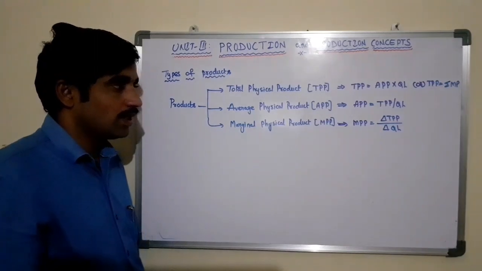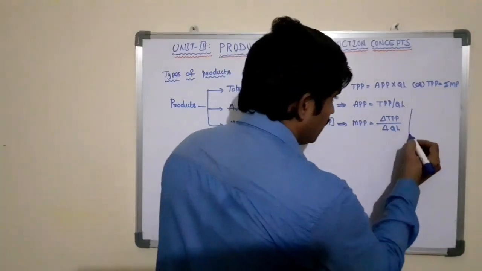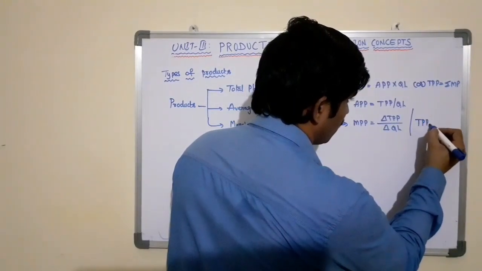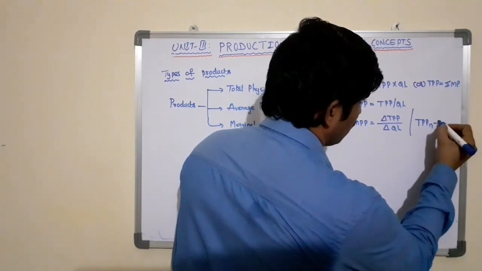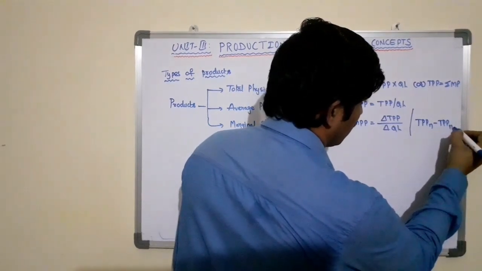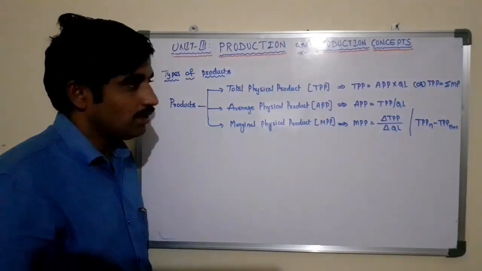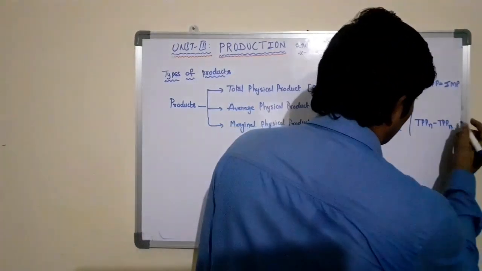It is also written as total physical product N minus total physical product N minus 1.